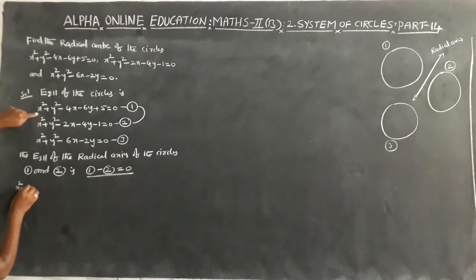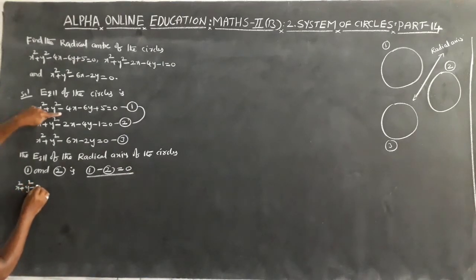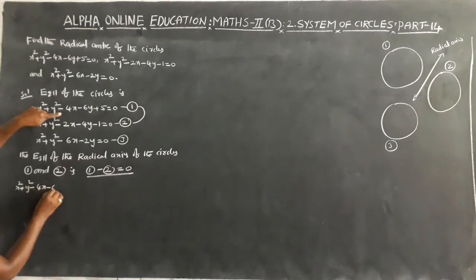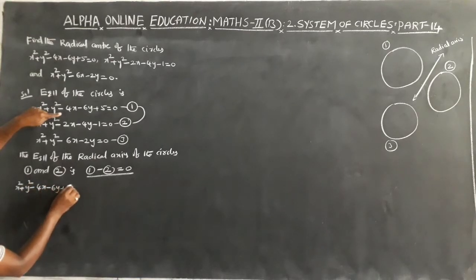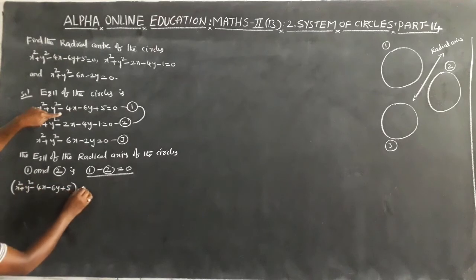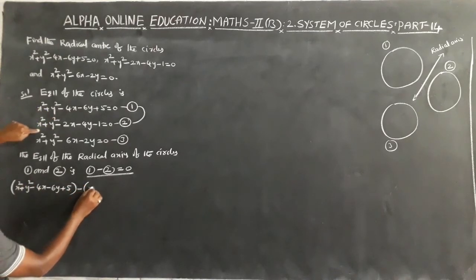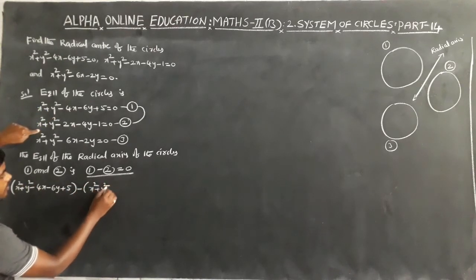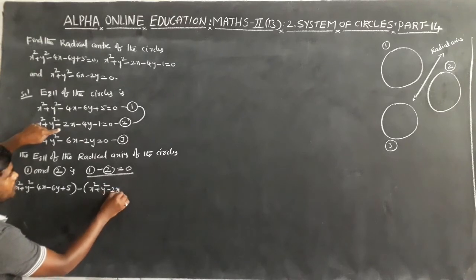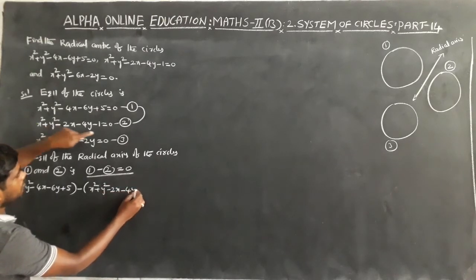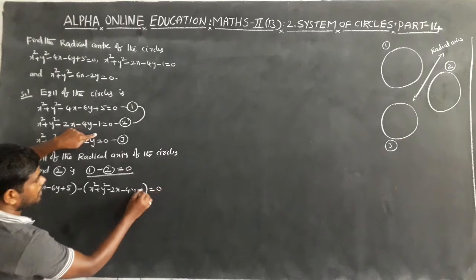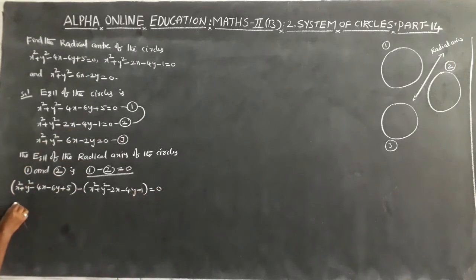First circle equation x square plus y square minus 4x minus 6y plus 5 minus second circle equation x square plus y square minus 2x minus 4y minus 1 is equal to 0.